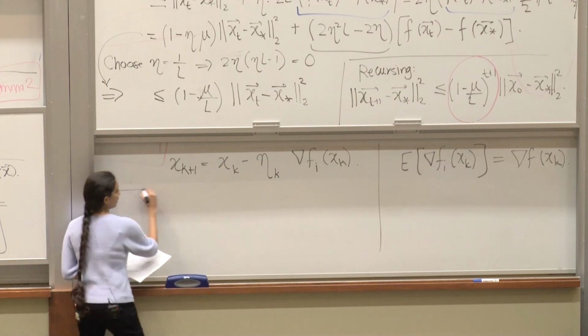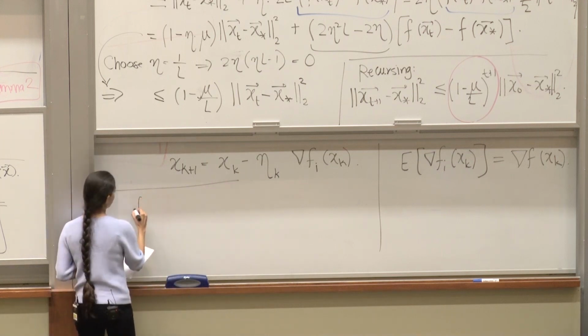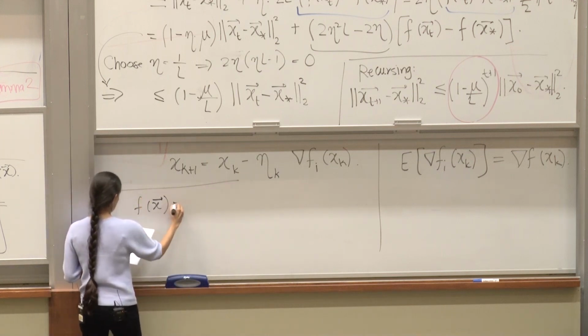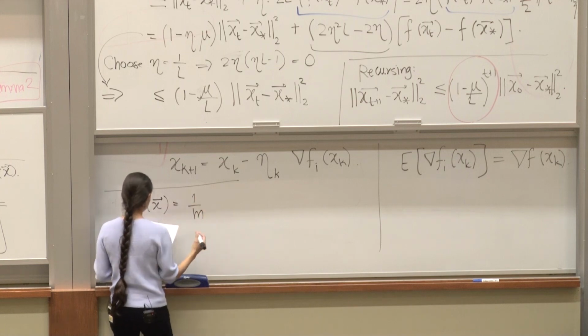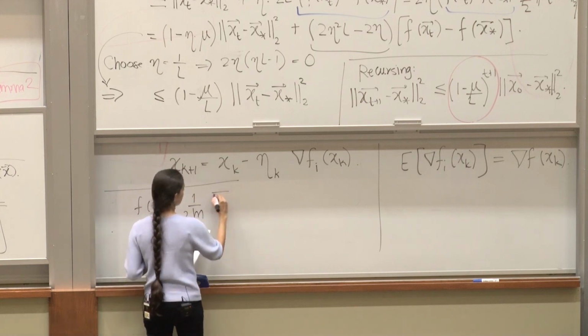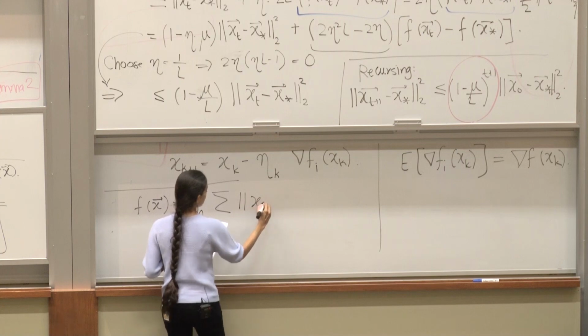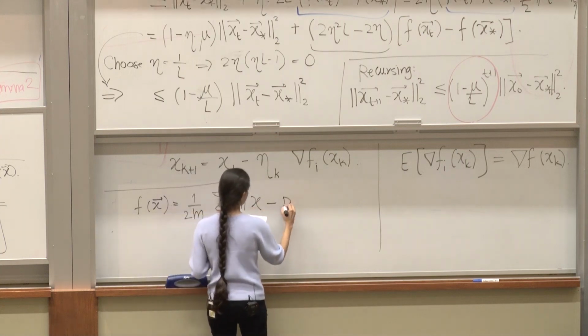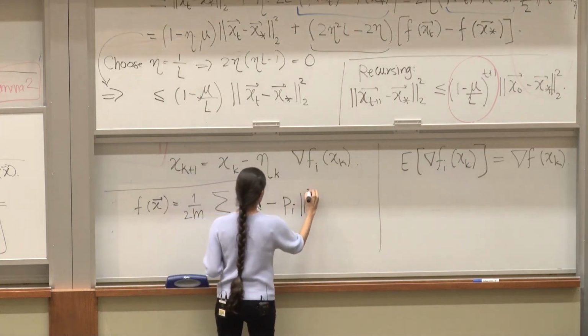So let's say I consider the example where my f of x is equal to 1 over 2m, sigma of norm x minus p_i whole squared.